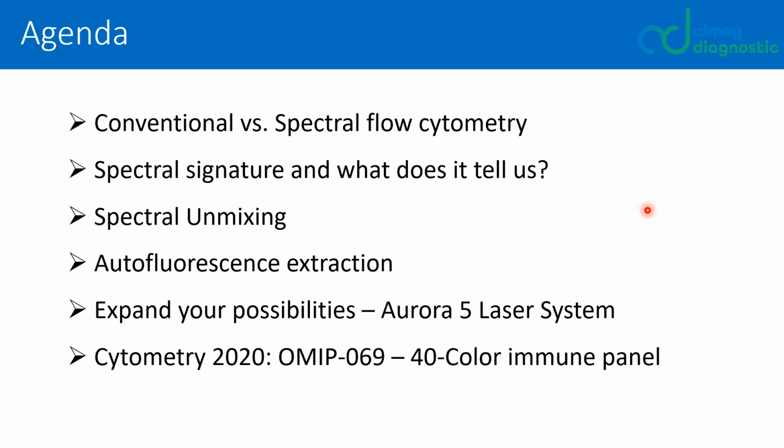We'll discuss the use of autofluorescence extraction and its advantages in dim population analysis. In the last part of our talk today, we want to show you the advantages and possibilities that are available with the Aurora 5 laser system. And last but not least, we'll show you the new and updated OMIP-069, the 40-color immune panel that was published recently in Cytometry Part A, 2020.